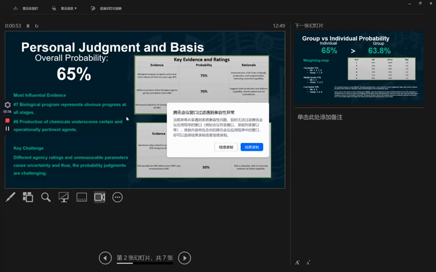Here is my personal decision. I think there is a 65% chance Iraq has some kind of WMD. I didn't just average numbers. I give more importance to evidence that shows real abilities to make or use these weapons.